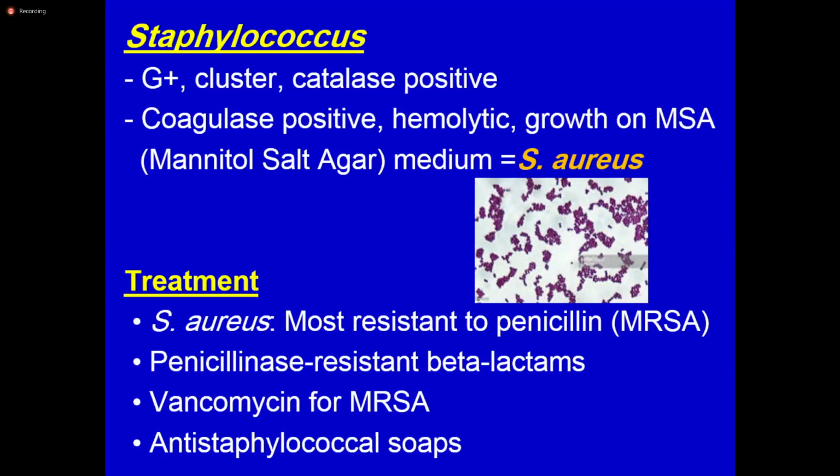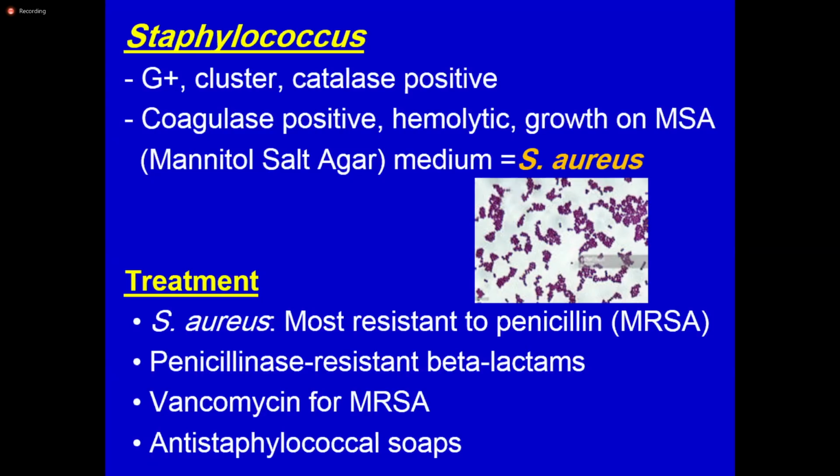Now, treatment. Staphylococcus aureus, the most resistant microbe to penicillin. They are called methicillin-resistant Staphylococcus aureus, MRSA. You remember, I have taught you this with your general microbiology, MRSA. Most resistant. Why resistant?